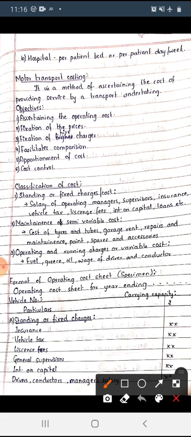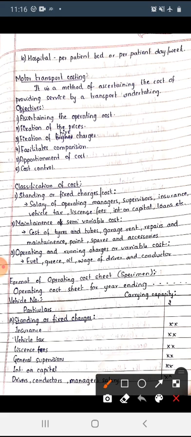Then fixation of prices after considering the cost. After finding out the cost, we can add some percentage of profit, then fix the rate or ticket rate from one place to another. So fixation of prices is to fix the rates of carriage of goods and passengers on the basis of the operating cost. Next, fixation of hire charges, to fix the hire charges where vehicles are given on hire.